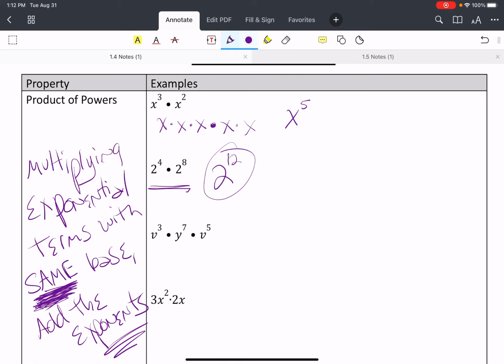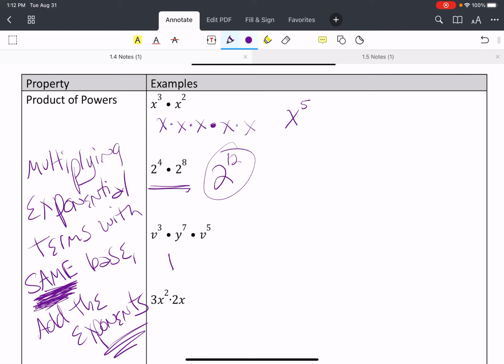Would you just add the v exponents together and then put the y in the front? So you could put the y in the front. Normally, and Canvas, because it doesn't have a brain, we like to put things alphabetically. But you're right, I'm not gonna add all 3 of the exponents because the y is a different base.